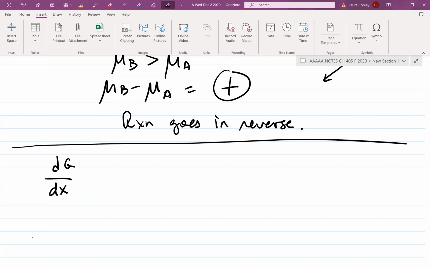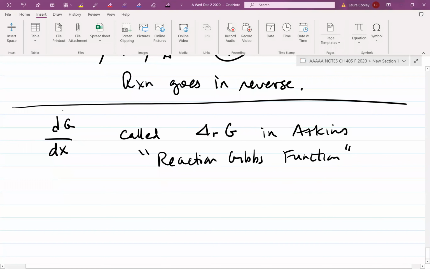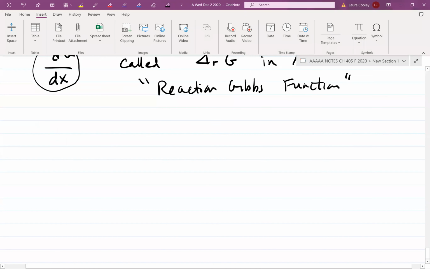But anyway, in there, this dG dx is called delta RG in Atkins. He calls it the reaction Gibbs function. I really just prefer calling it what it is. It's the derivative of the Gibbs free energy with respect to the extent of reaction.